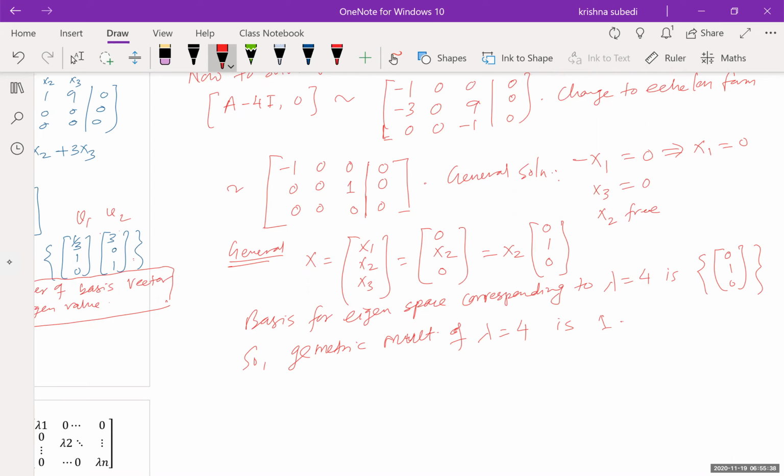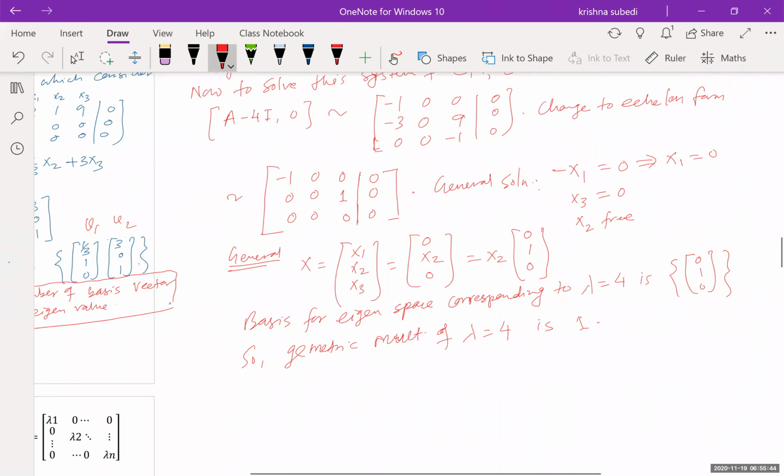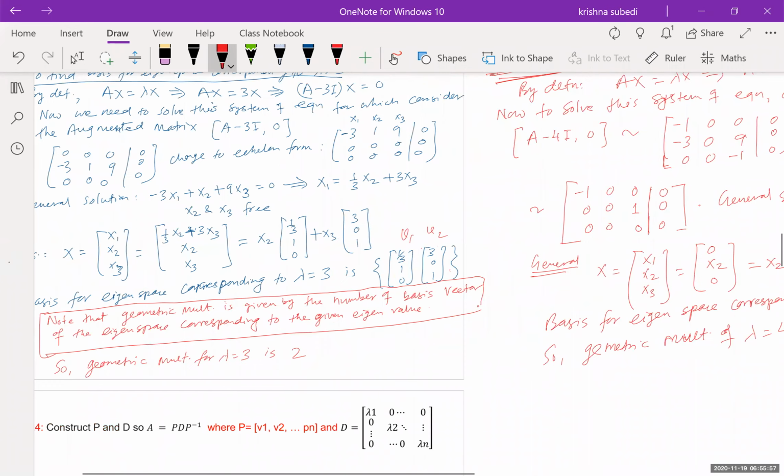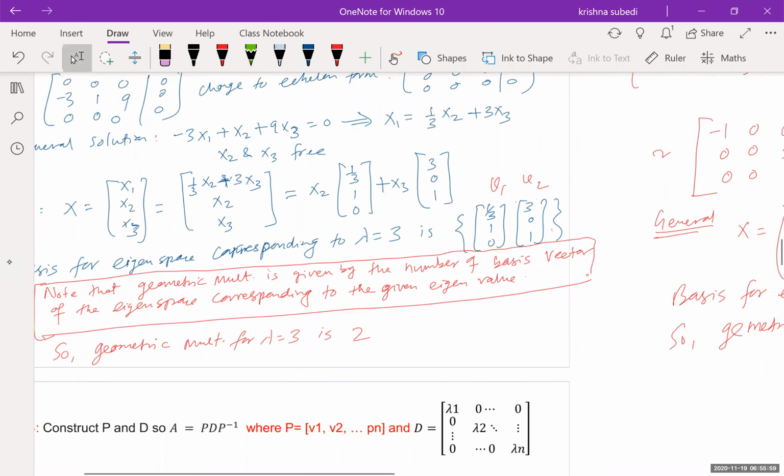Any questions so far? No, Professor. Now let me ask you one thing. What was the algebraic multiplicity of lambda equals 4? We did that in step 1. It's 1. Okay. Now another: what was the algebraic multiplicity for lambda equals 3 in step 1?